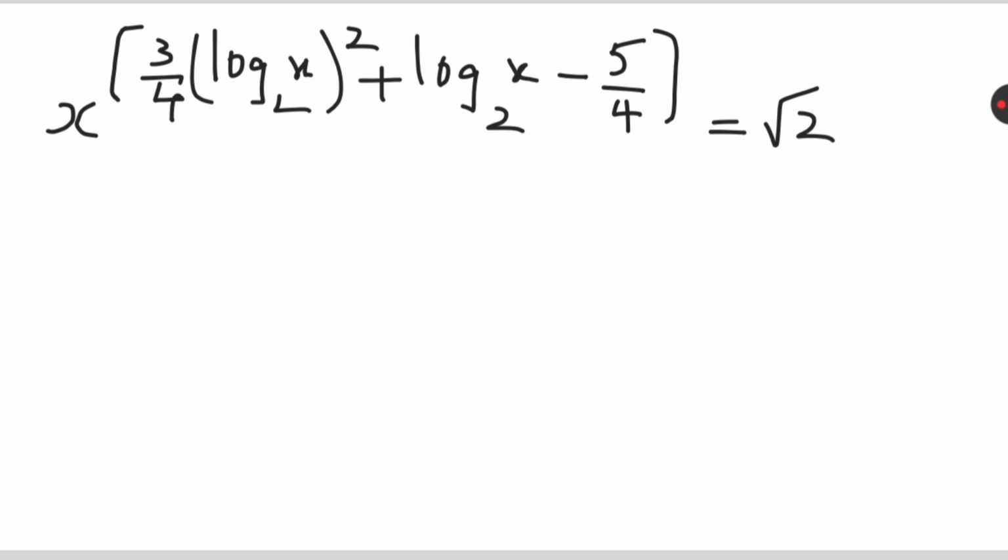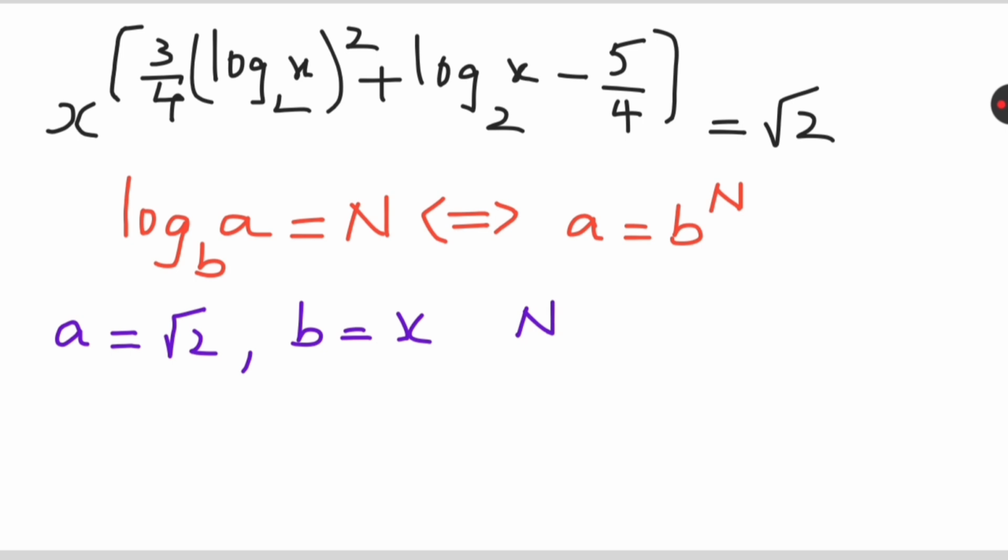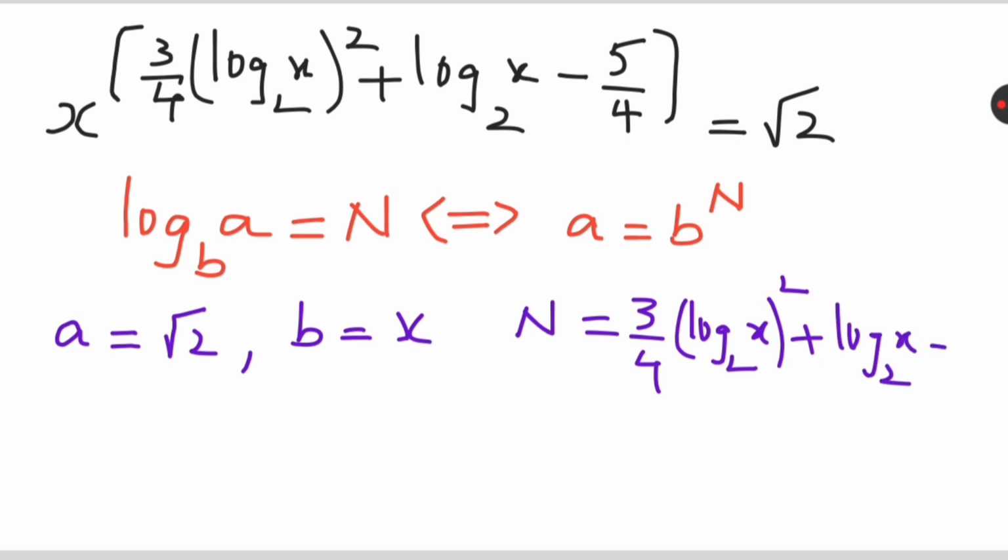The logarithm property is: log a with base b equals n. That means if we have a logarithm expression, if and only if, we can write it as an exponential equation, that is a equals b raised to the power of n. Here, assume a as root 2, b as x and n as 3/4 (log x with base 2) whole square plus log x with base 2 minus 5/4.